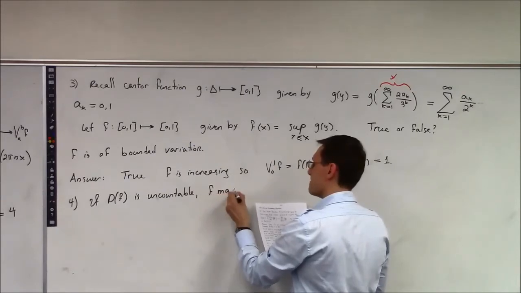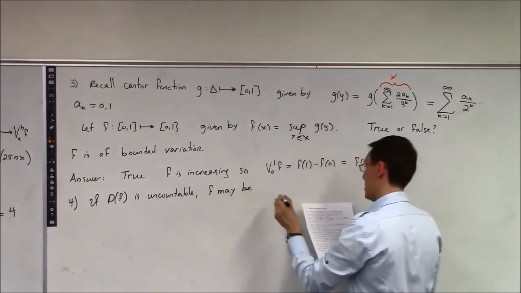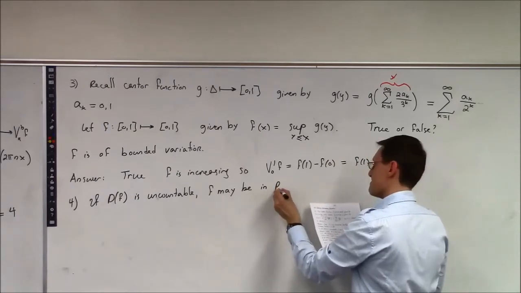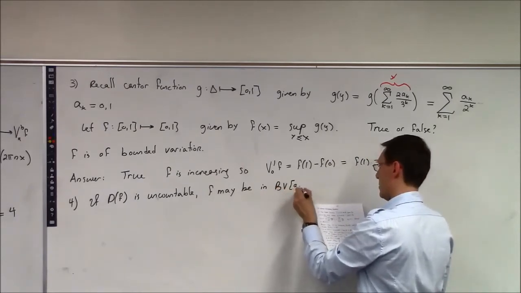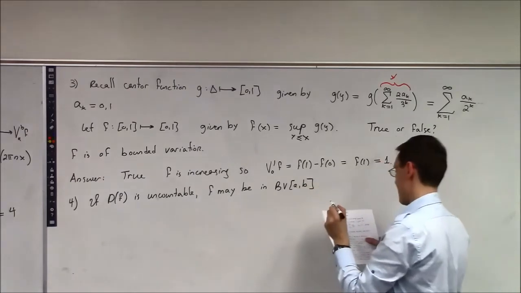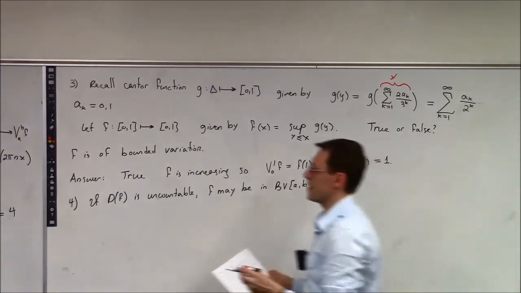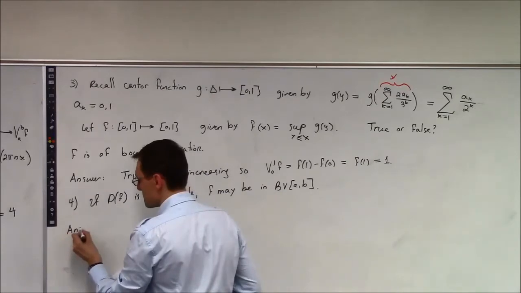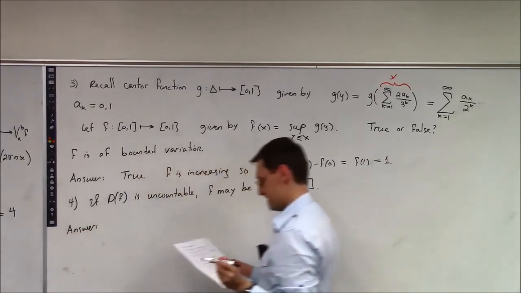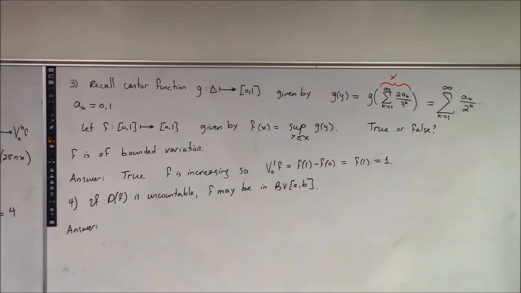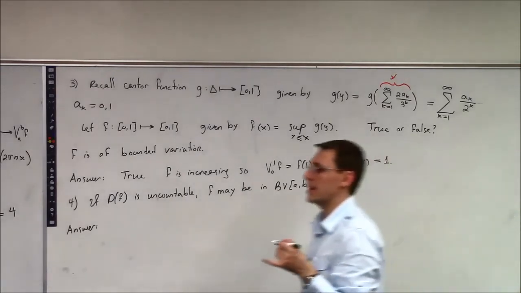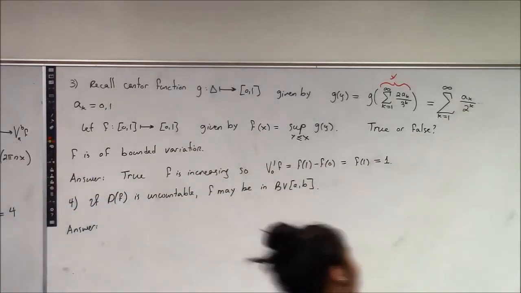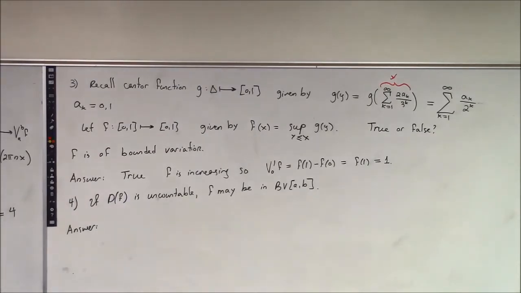F may be in bounded variation over [a, b]. So we have a function that has many discontinuities, uncountably many discontinuities. Could it happen? Could this function be of bounded variation?